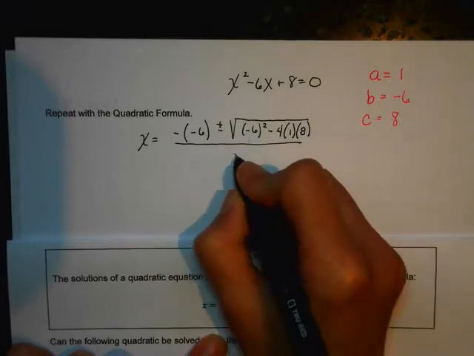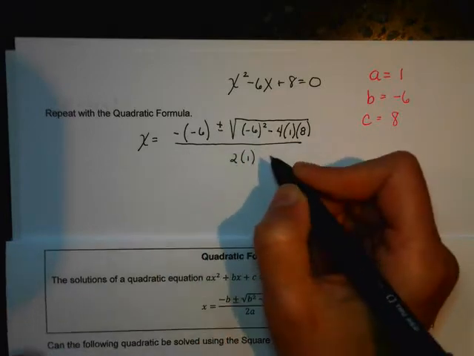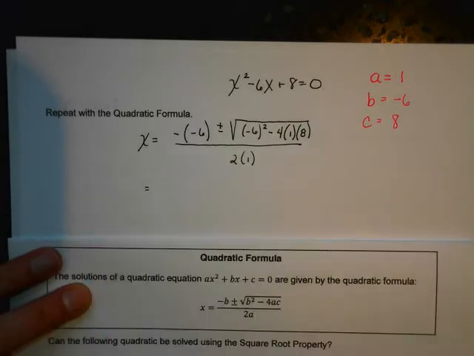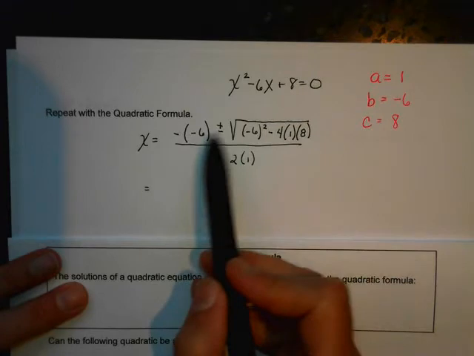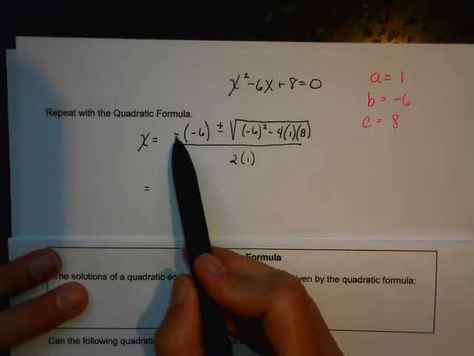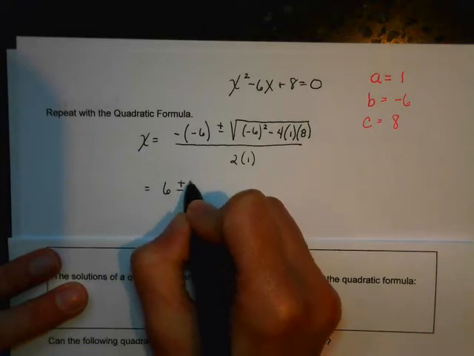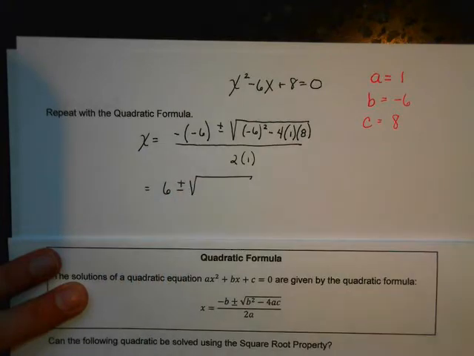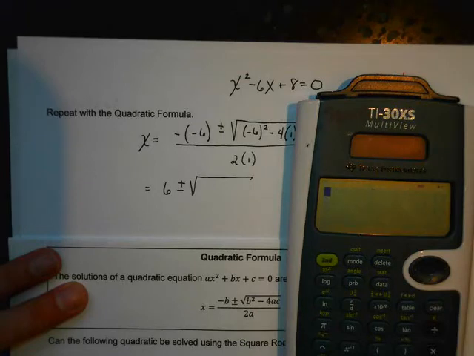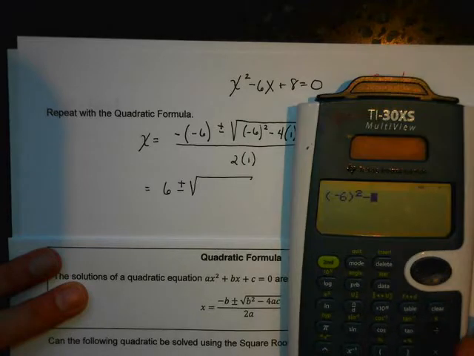Now when I do this, I usually figure out what's underneath the square root symbol. That's what I do first. It's just a habit. I don't do it in one shot. So let's see. The negative of a negative 6 is positive 6. And I'm just going to see what's underneath that root symbol. You ready? So we have negative 6 squared minus 4 times a times c.